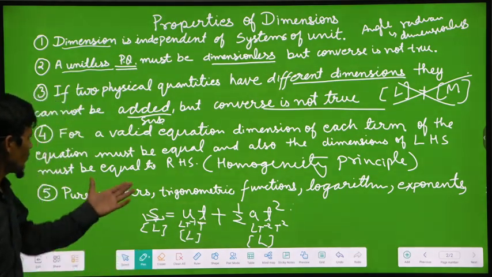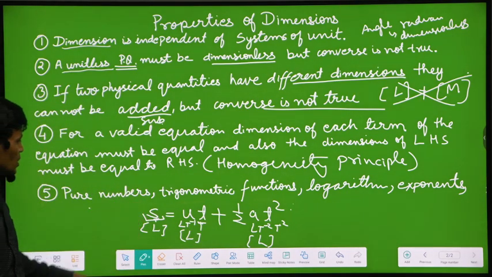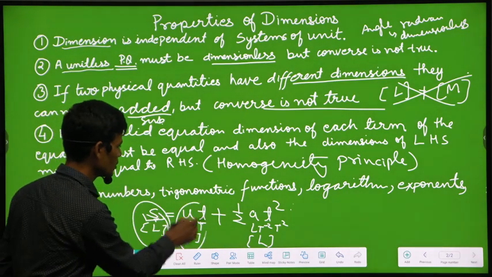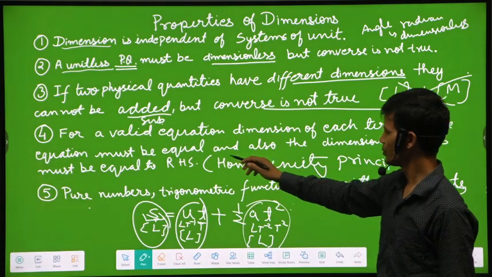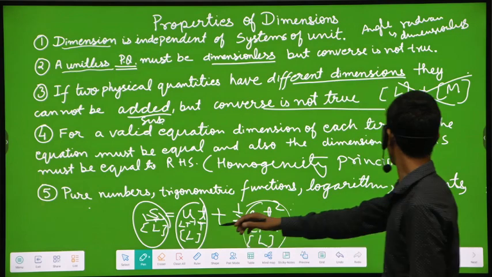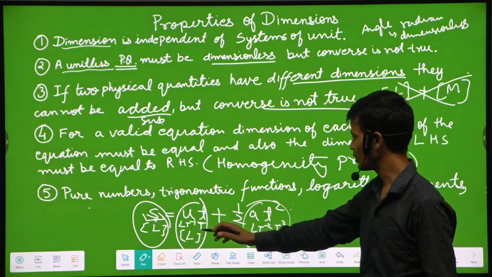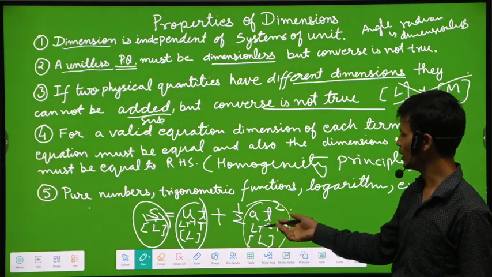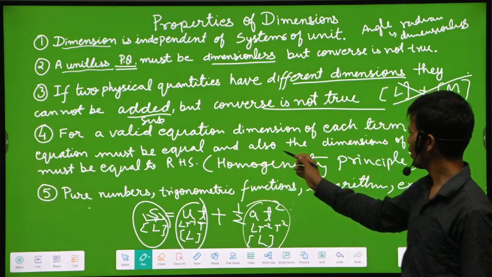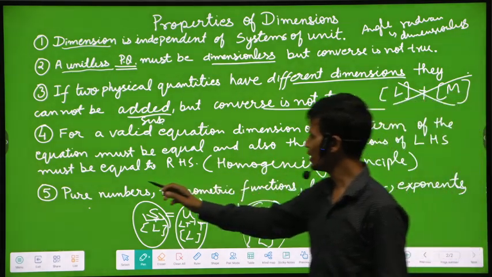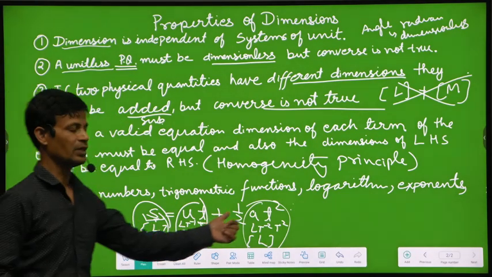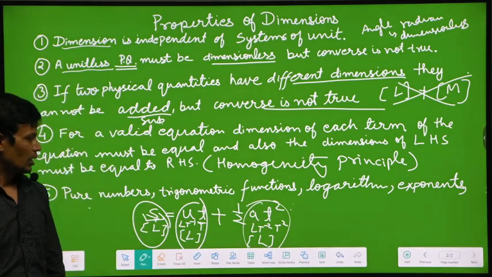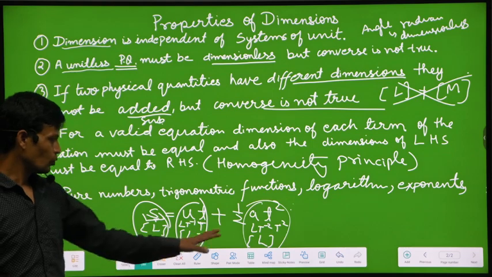So this is a valid equation. So the dimension of each term must be equal, and also the dimension of the left hand side must be equal to the right hand side. So obviously if they have same dimension, then that will be true also.